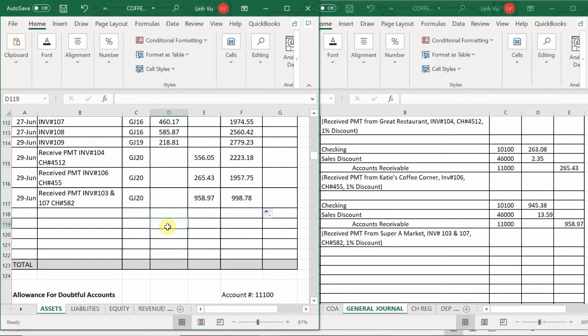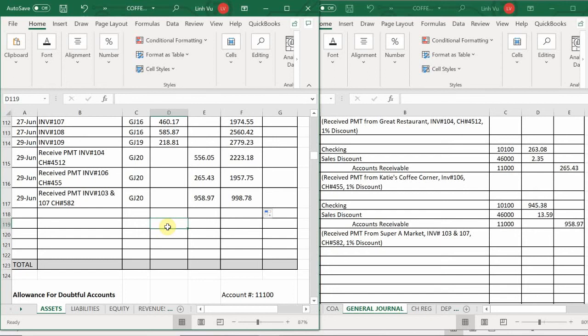And that is because we don't enter the discounted amount here because we need to take out the entire amount that we put in when we first recorded the transaction, correct? Correct, right? Because this is what they originally owed me. They originally owed me for the full price. And if they did make the discount period, then we have to subtract out what they owe us.